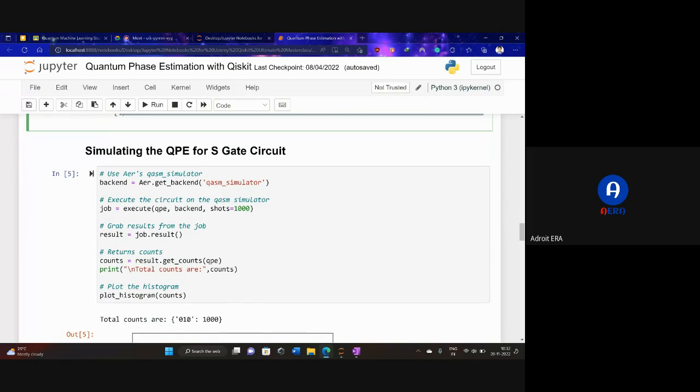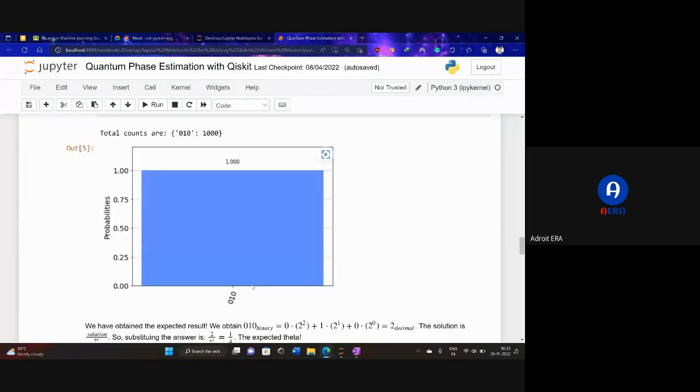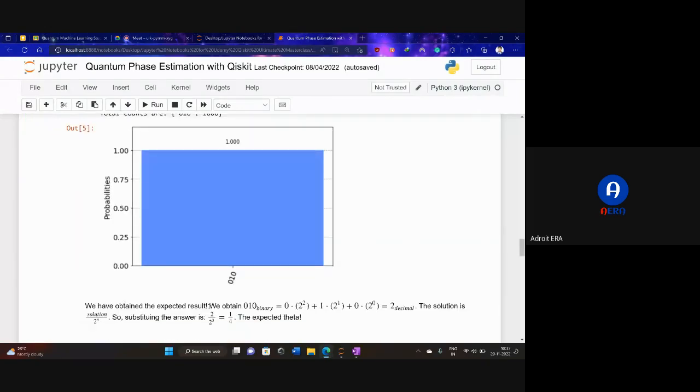Since we have taken care of the repetitions and ordering, we can directly take this. We have obtained the value. We obtained the binary 010, which if you calculate becomes 2 in decimal, and therefore the solution is 2 divided by 2 to the n, that is 2 divided by 2 to the 3. Why 2 to the n?